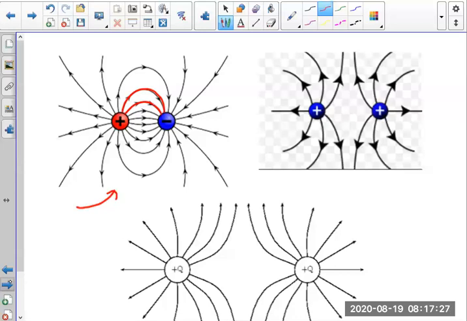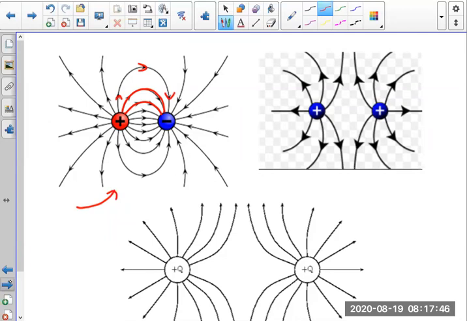They are not allowed to cross each other. So you don't have to use as many lines as they did there, but the shape must look like that. So always go away from positive. Can you see the arrow marks? Towards negative, as you can see there.